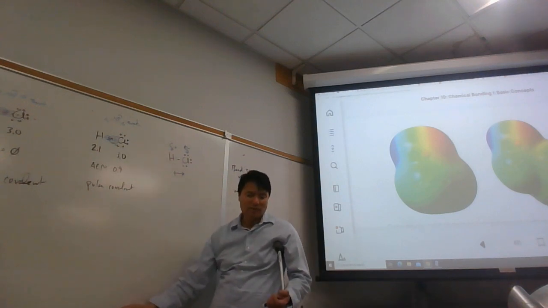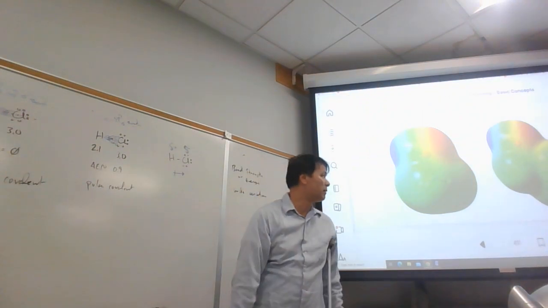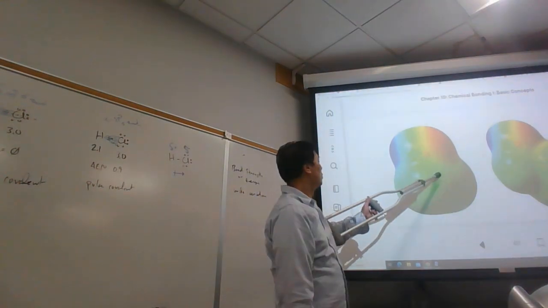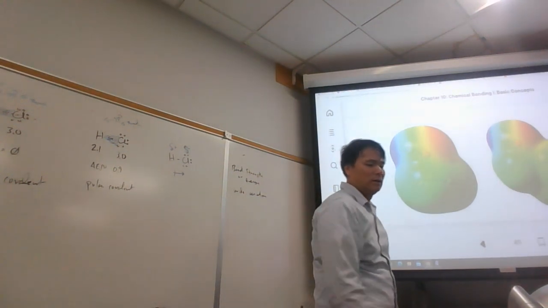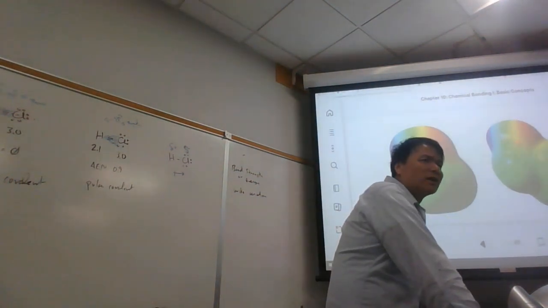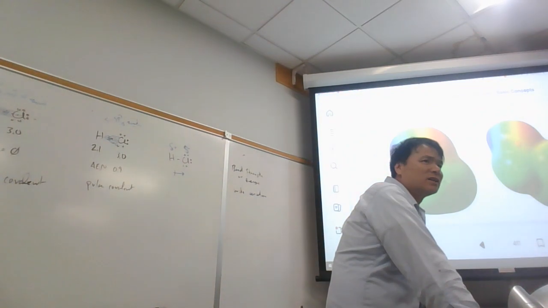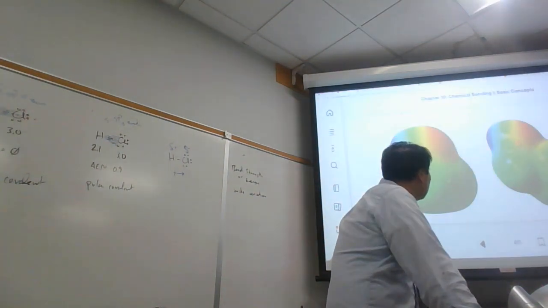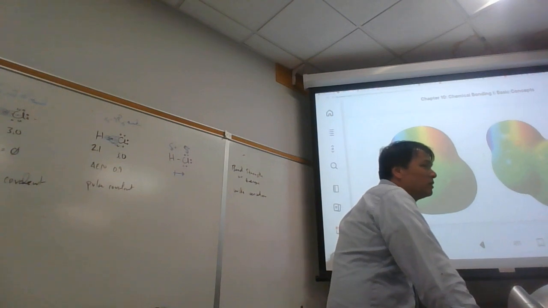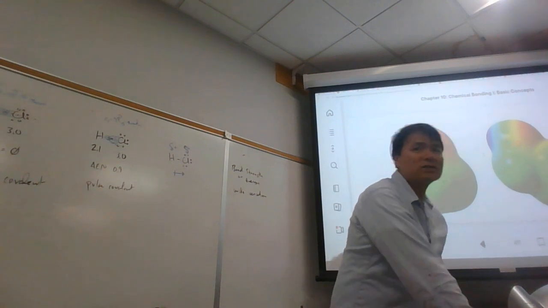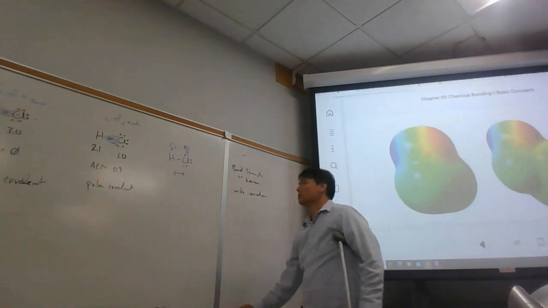Another way of showing it is via the electrostatic potential map. Here, red regions would be regions of high electron density, and blue regions would be regions of low. And green is just regions that break even.